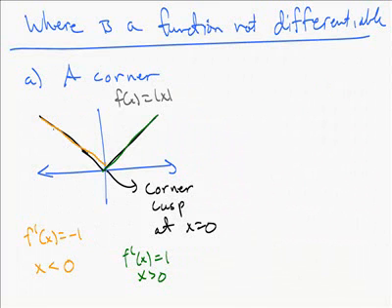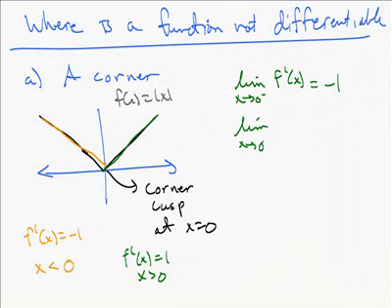Let's start over here. Let's take the limit of the function f prime of x as x approaches 0 from the left. Well, the derivative is constant throughout there. It's always -1. And so the limit as x approaches 0 from the left of the derivative function is going to be -1. But the limit as x approaches 0 from the right of our derivative function, here we have a positive slope here, that's +1.